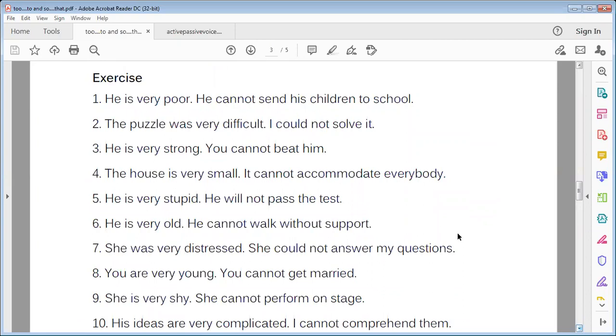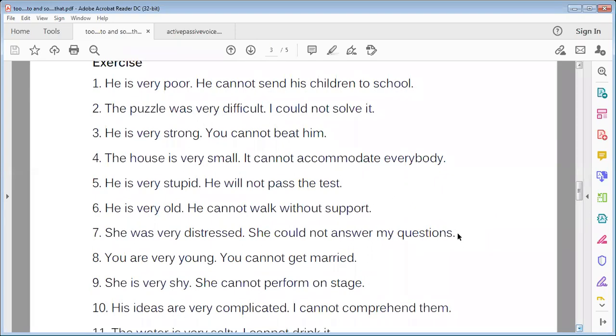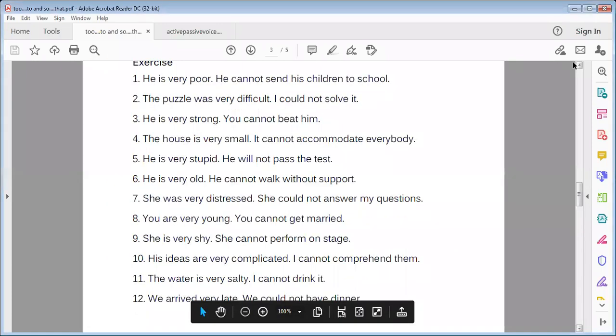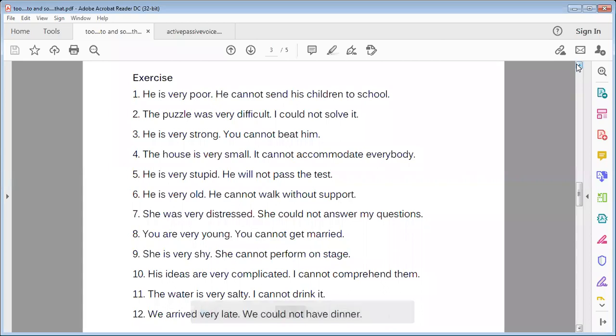Okay, try this. Try these sentences. How you are going to solve, I'll tell you. 12 sentences are there. You are going to join first 6 using to and next 6 using so that.